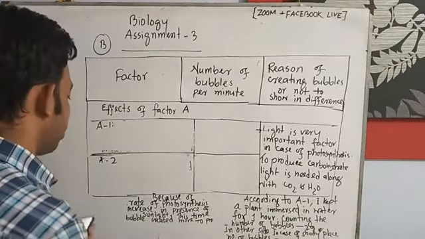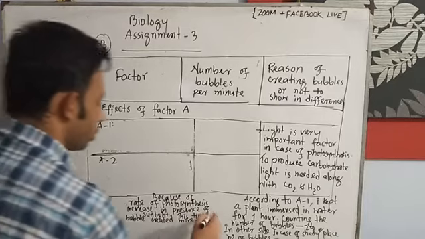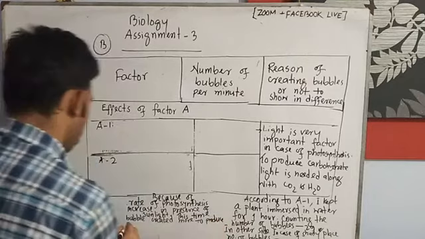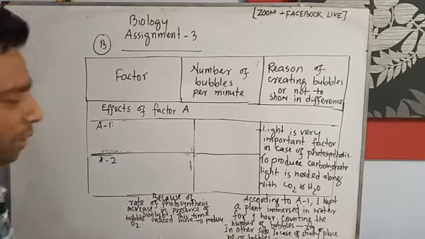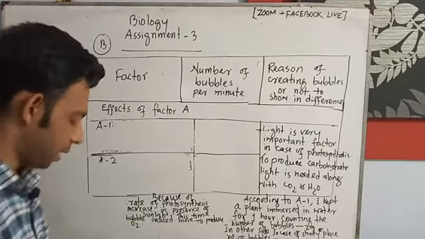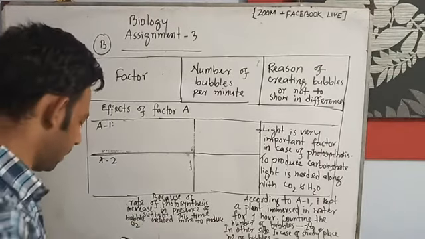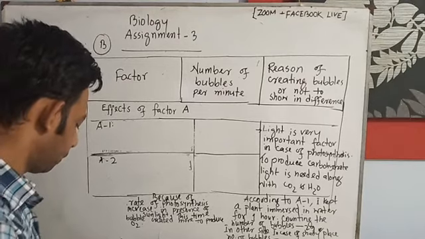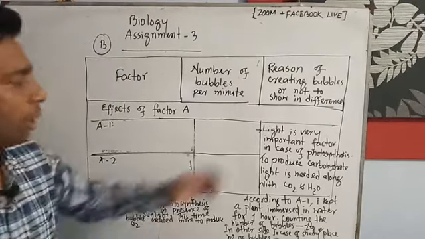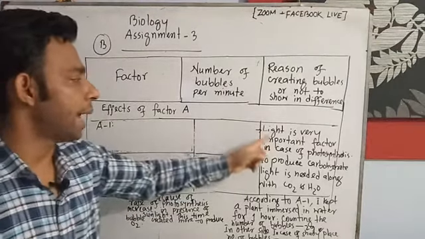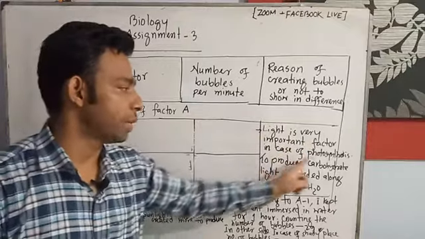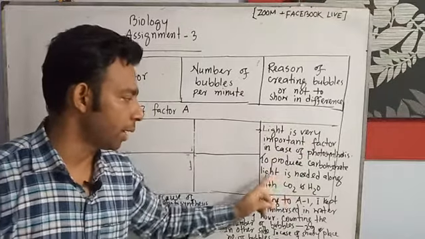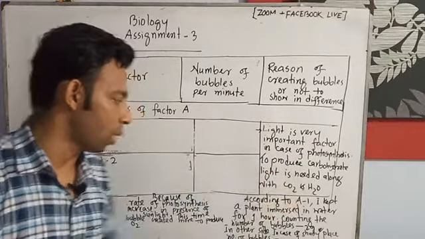So bubbles created more to produce oxygen. Though I have written in very small letters, I will read once again. You can write more also. Light is a very important factor in case of photosynthesis, we know. To produce carbohydrate, light is needed along with carbon dioxide and water.